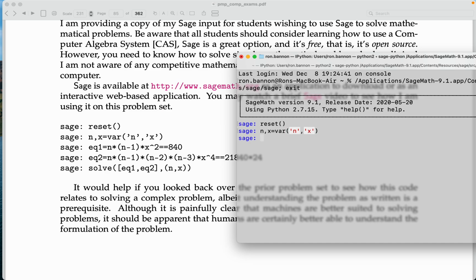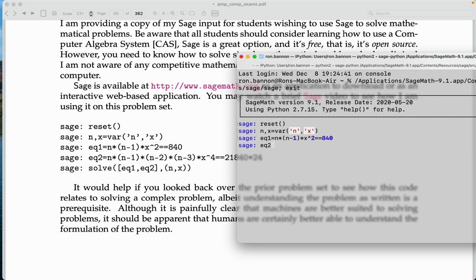And then I'm going to say equation 1. So equation 1 is being assigned. That's the equal sign. It's an assignment operator. It's being assigned n star n minus 1 star x squared. And the double equal sign says we have an equation now. That's equal to 840.